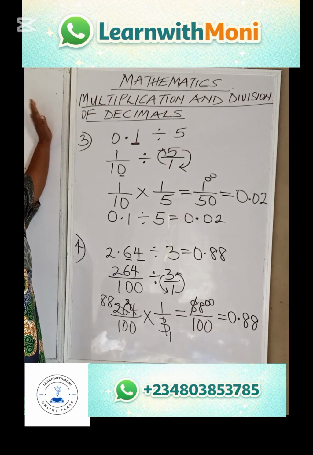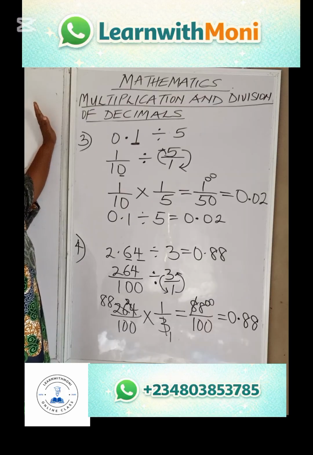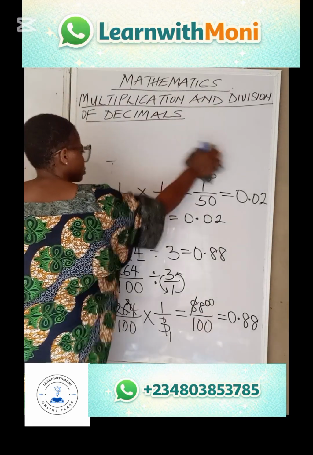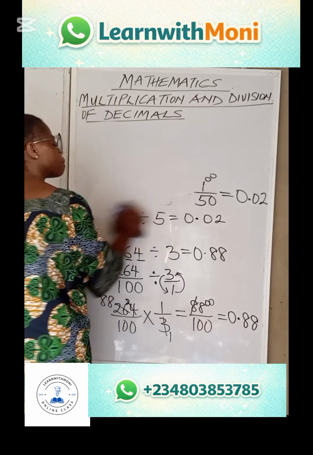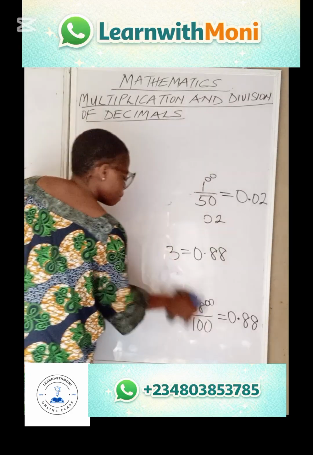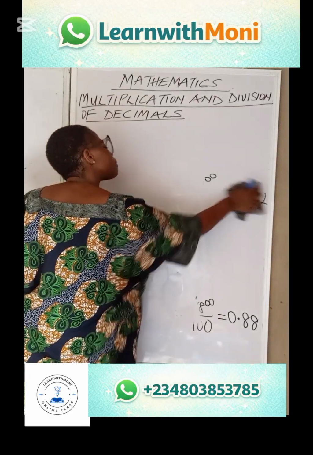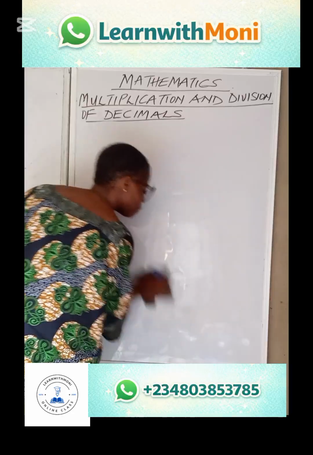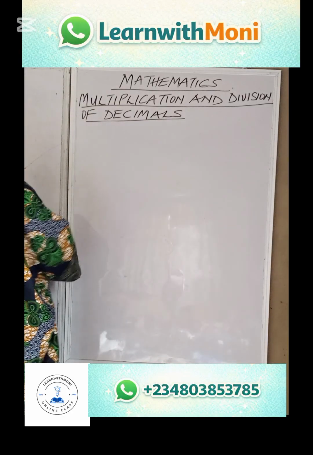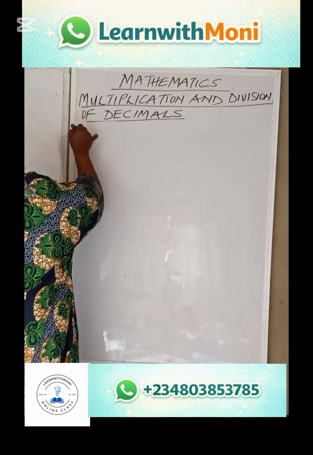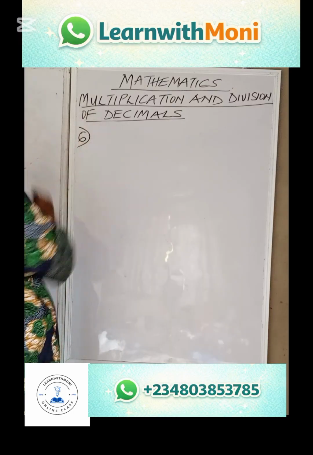I want to stop there for division of decimal by a whole number. Now let's see division of decimal by decimal. Let's divide decimal by decimal. I'll call this example 6 for today.